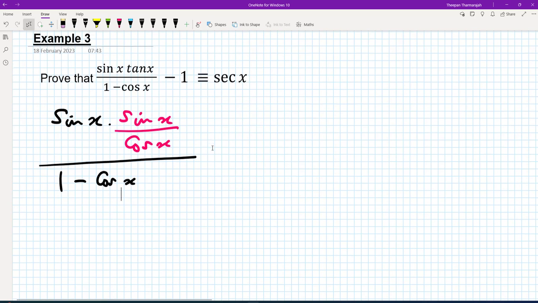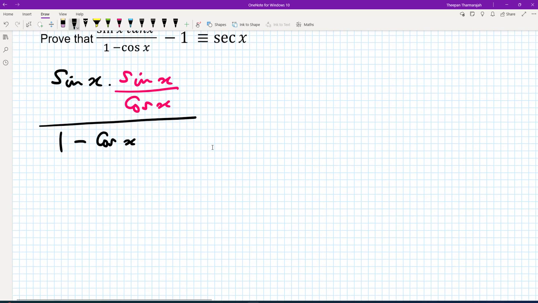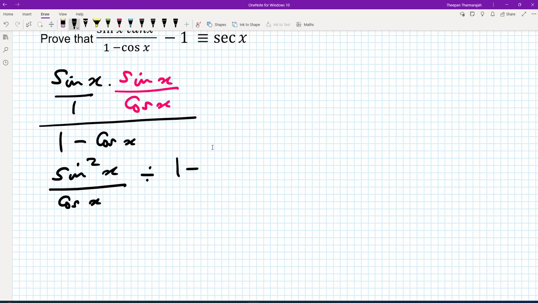So what we have is the following. We get sine squared x divided by cos x on the numerator. And then I'm going to write divide 1 minus cos x, which is what we have on the denominator here. But I'm going to write that over 1.